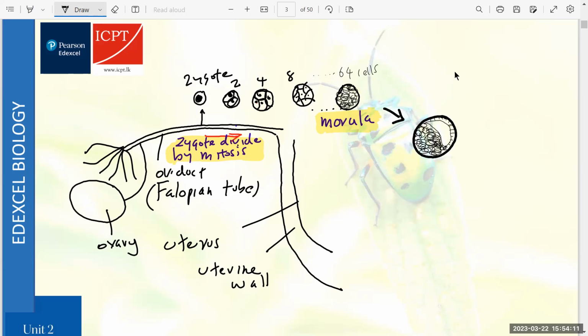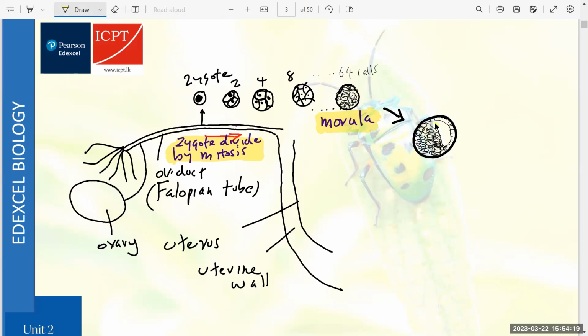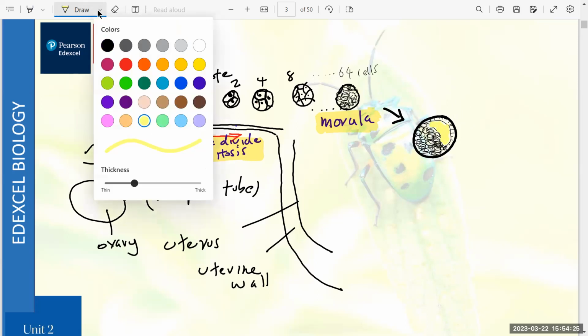Right? Okay. Now inside there is a fluid filled space, this one, in the middle.